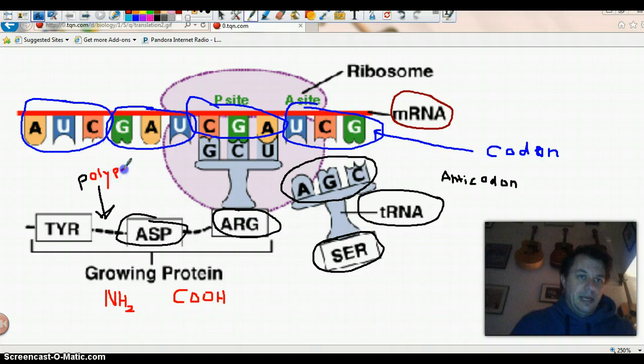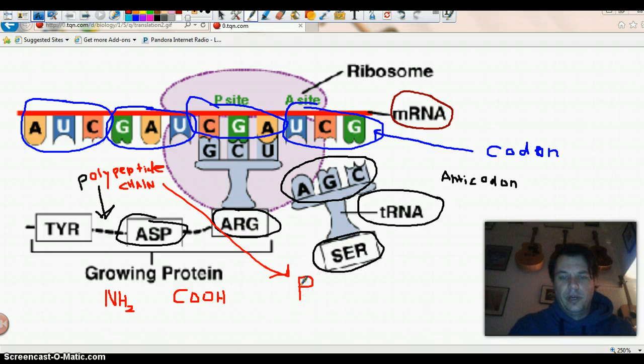The peptide bonds become a polypeptide chain, and this polypeptide chain is what then becomes the protein. P for protein. And we are done.